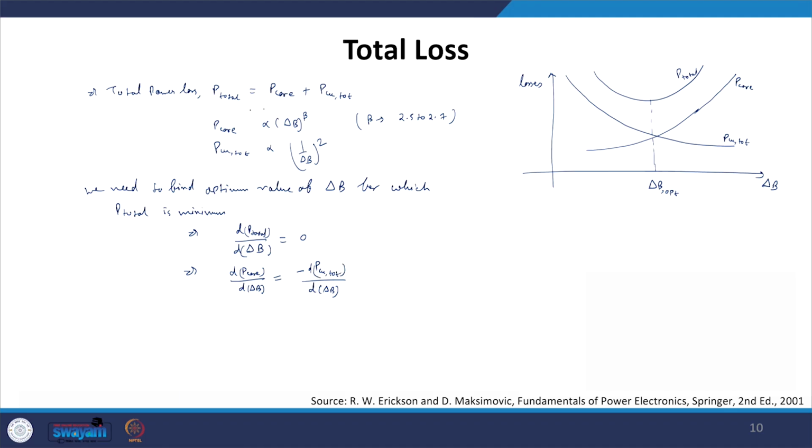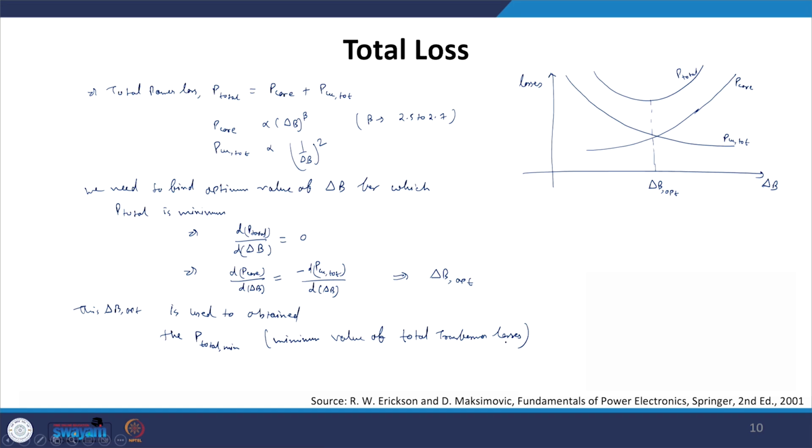From this particular expression, when we differentiate and equate to 0, we will get this expression, and when we solve it we get the delta B optimum value. We can then use this delta B optimum value to obtain the P total minimum, or you can say the minimum value of total transformer losses.